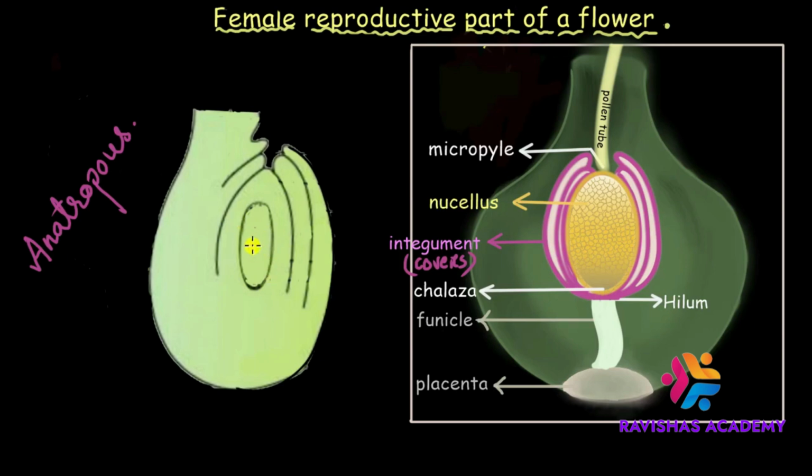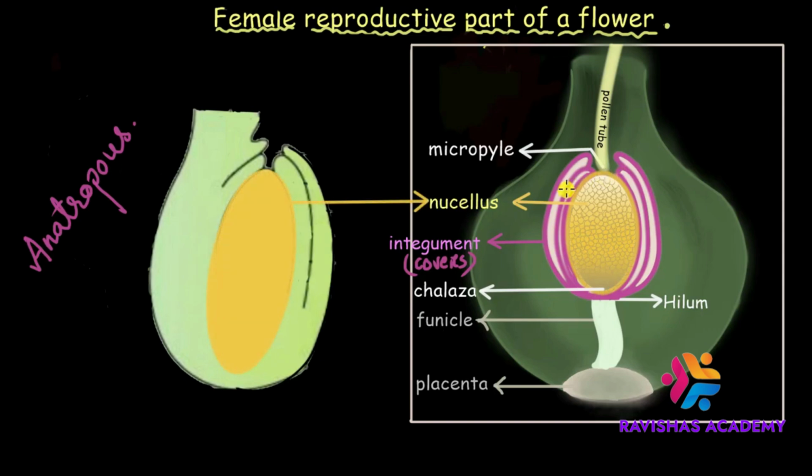Okay, now let us compare both the ovules for better understanding. So this inner circle that you see here is the female gamete, and we have not made the female gamete here yet, but it will be formed from one of these nucellar cells. So if we ignore this female gamete here, this entire part will be the nucellus, right? So let us give it the same color. This is the nucellus.